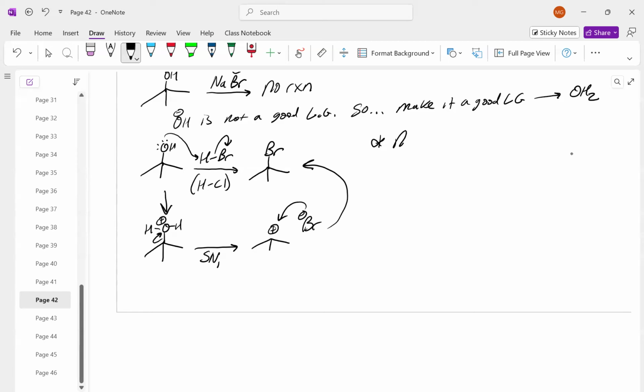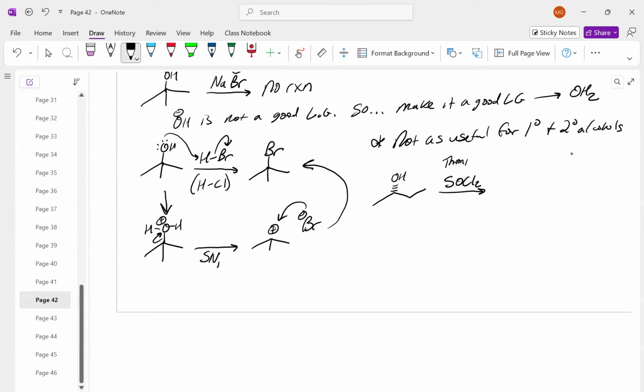Now, one thing I want to highlight about this is that this process is not as useful for primary and secondary alcohols. There's a lot of rearrangements that happen in this case. So the way around that is instead of using HBr or HCl, use a different reagent known as thionyl chloride, or SOCl2.